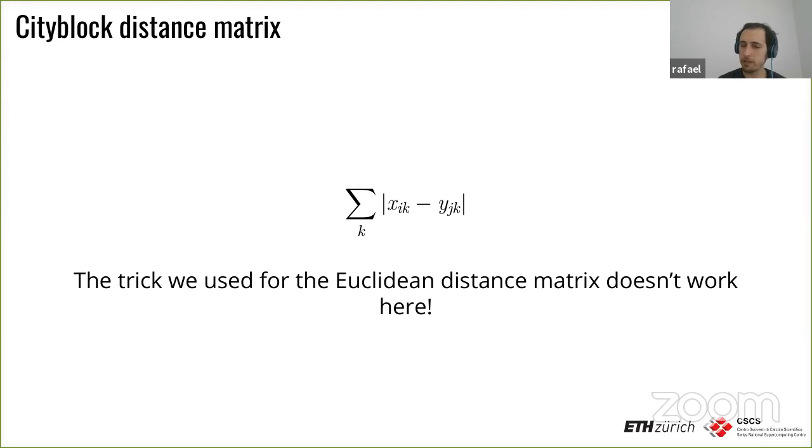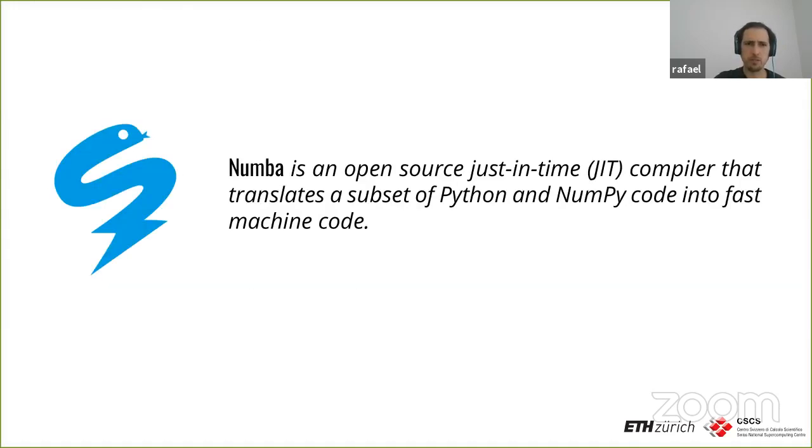Not go beyond NumPy. So going beyond NumPy, our first stop is going to be Numba. Numba is a just-in-time compiler that changes your Python code into machine code.